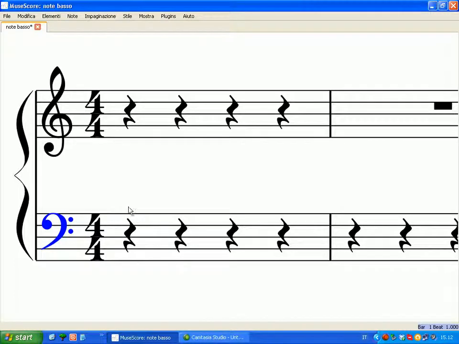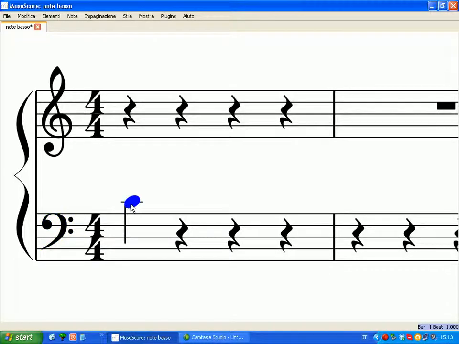So above the fifth line, we're going to put the first ledger line, and on the first ledger line we're going to write the dot. Please notice that this is the note that represents the middle C of the piano when we write it using the bass clef.